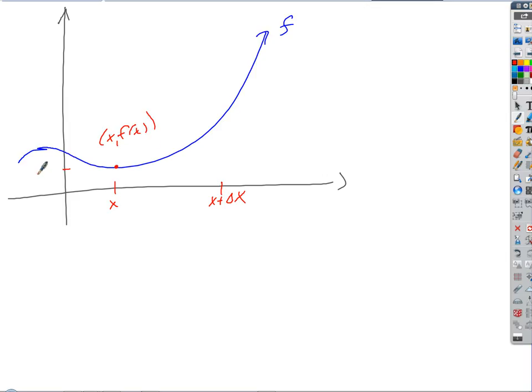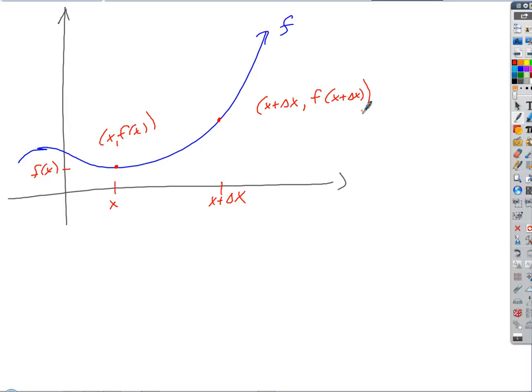So we'll call that f of x. And if this is x plus delta x, what are the coordinates going to be there? x plus delta x, f of x plus delta x, right?